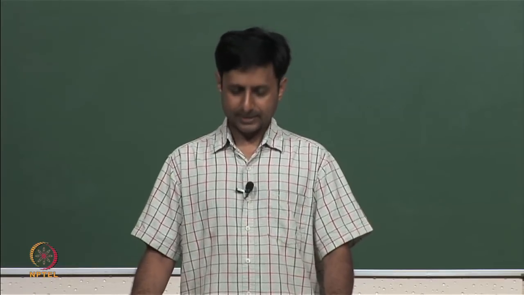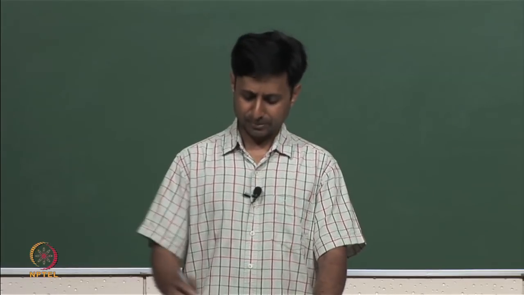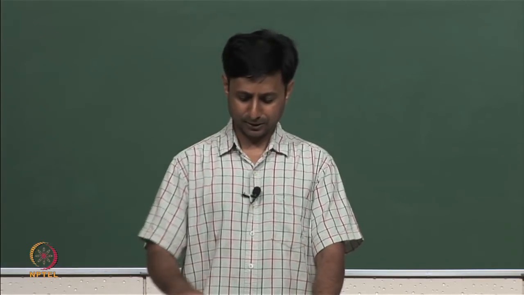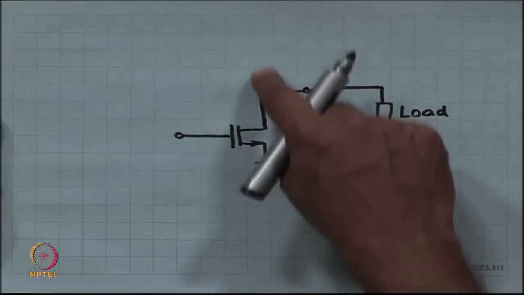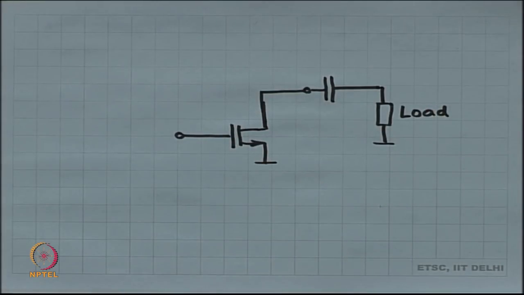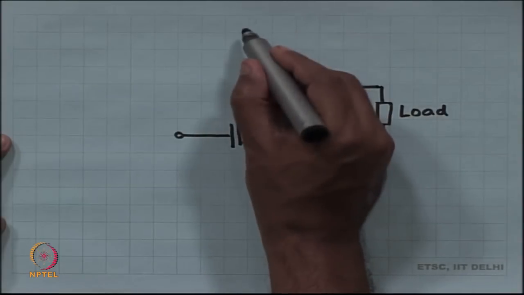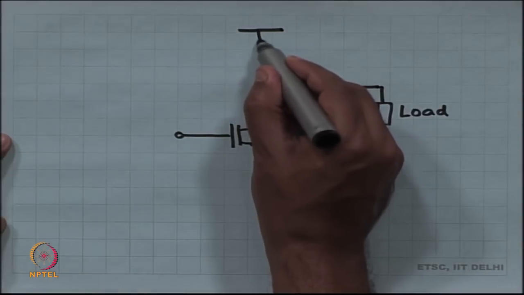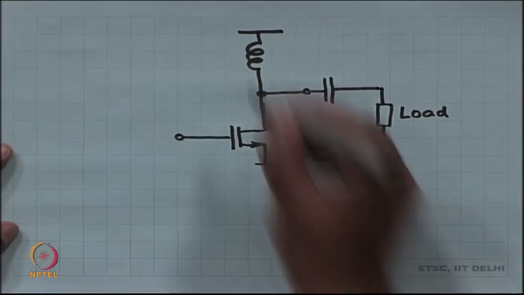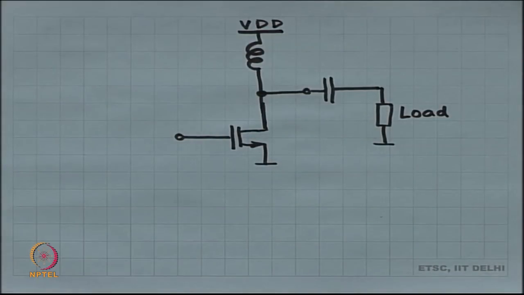Fine. Now, we have to bias the MOSFET, and to bias the MOSFET you can bias it with a current source, for example. You can use a current source at the drain and bias it, but to keep matters very simple, let us for now use an inductor to bias this MOSFET.